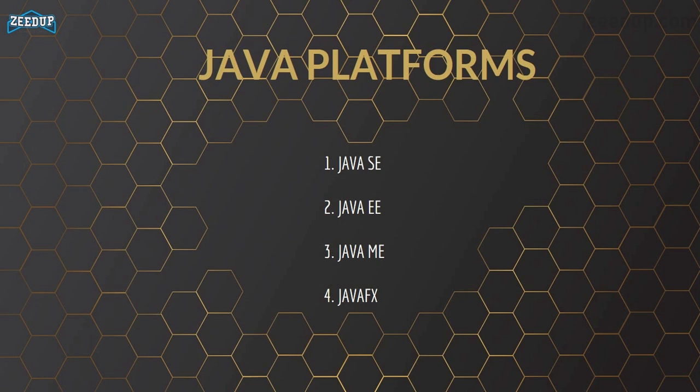It is a micro platform which is used to develop mobile-based applications using the Java programming language. Last but not the least, we have JavaFX, which is used to develop internet applications by using the lightweight user interface API. So these are the 4 platforms with their specific purposes.